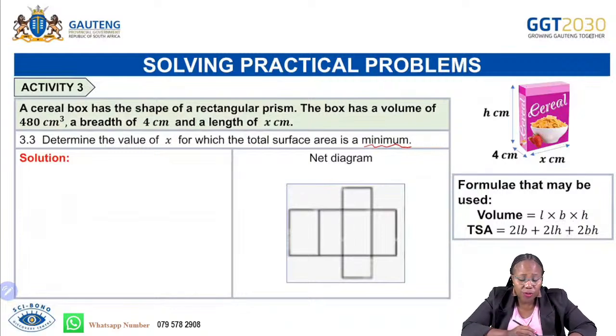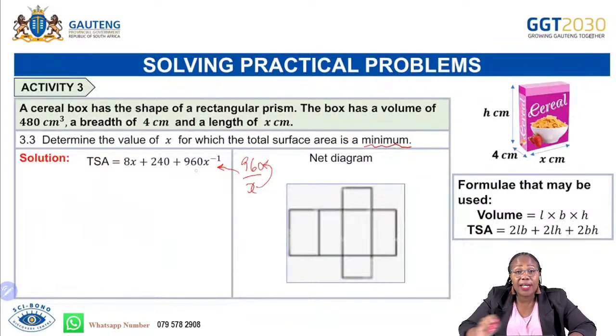So we are going to take our total surface area formula that we have calculated above. Remember, this was 960 over x for this part here. So we have taken x up there to get 960 x to the power minus 1, because you cannot differentiate with the x on the denominator.